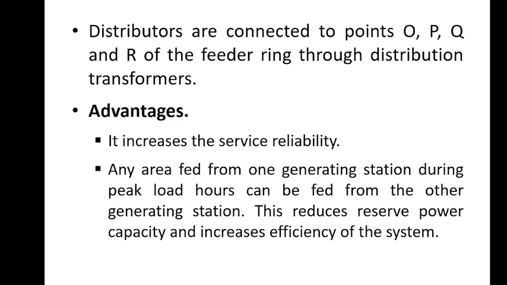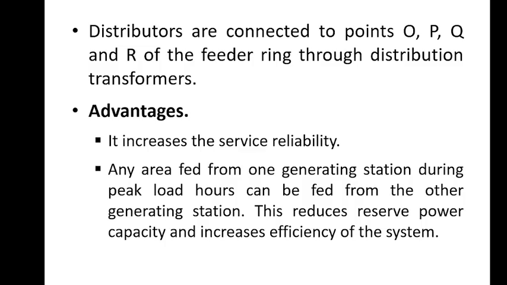One of the main advantages of this interconnected system is the significant improvement in service reliability, because the feeder ring is supplied by more than one generating station or substation. Power can be rerouted from an alternative source if one section is unable to meet demand or experiences a fault, and we have alternative routes of electrical networks.